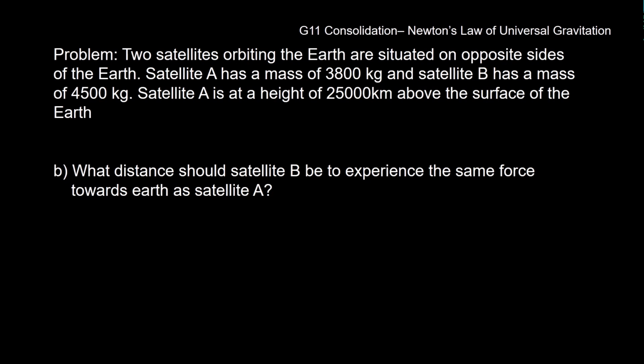Let's quickly do it. What distance should satellite B be at to experience the same force towards Earth as satellite A? Now, you can do this question two ways. You can either do it by explaining it, or you could do it by calculation to prove your explanation.